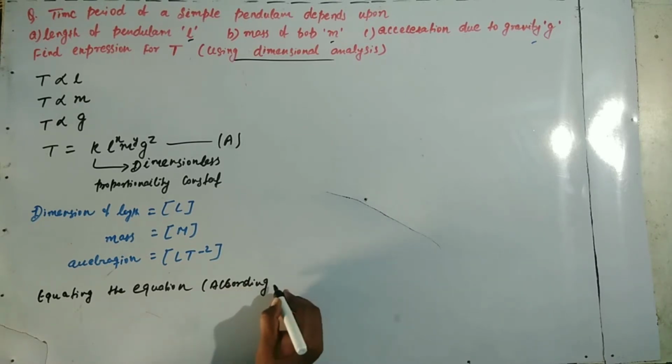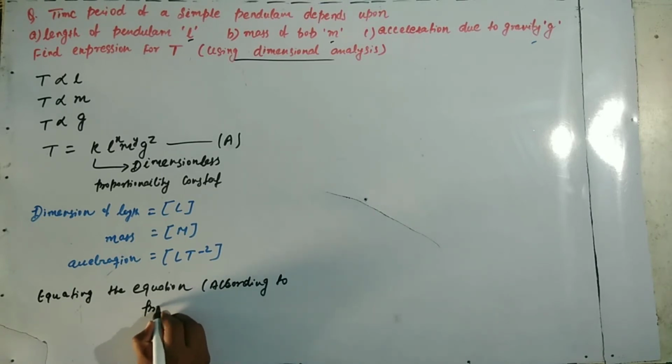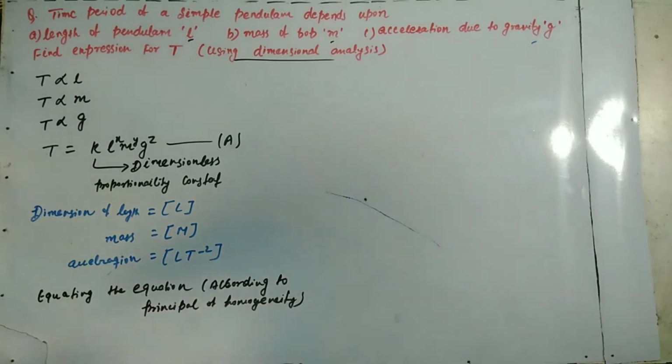When we equate, then on the left hand side is time, so dimension of time is T.